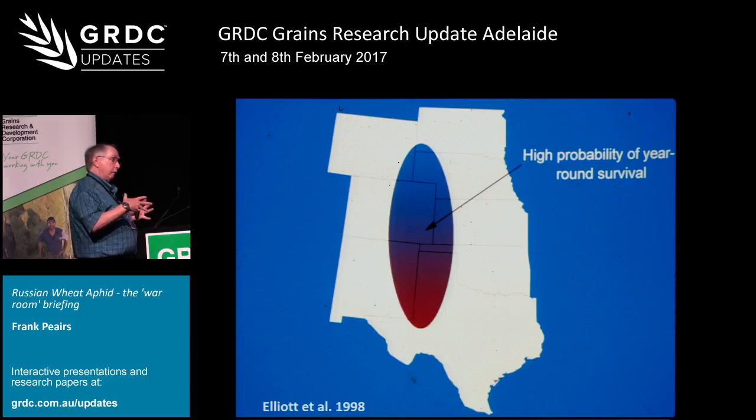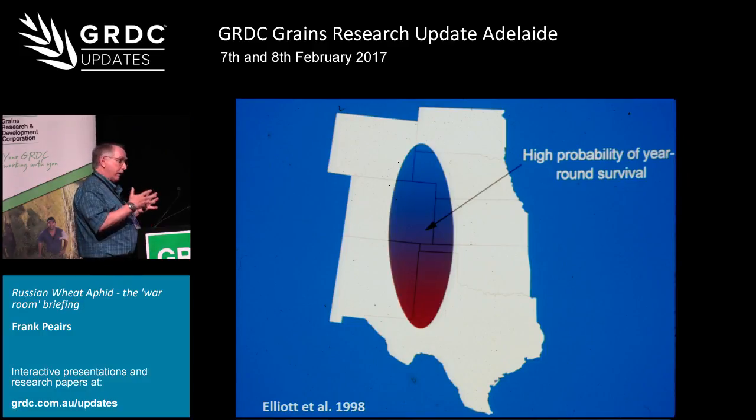But if you look at the infested parts of North America, this is sort of the epicenter of it, which is eastern Colorado up into Nebraska and the Texas and Oklahoma panhandles. This epicenter is defined by two things.